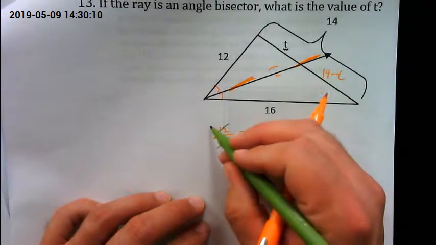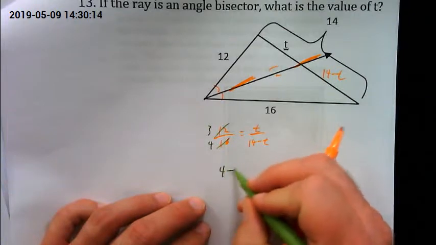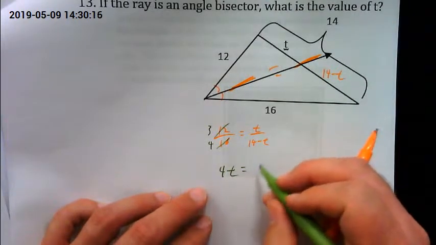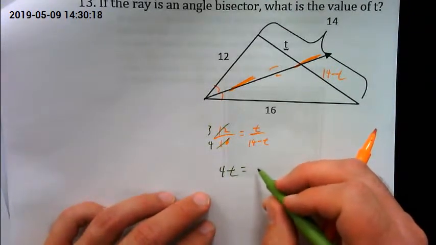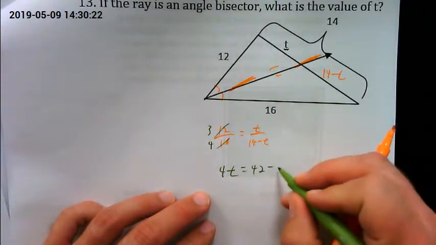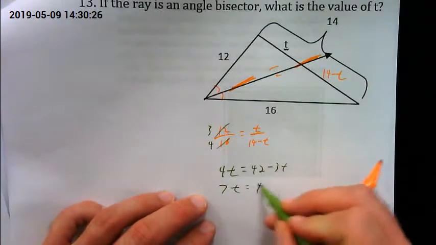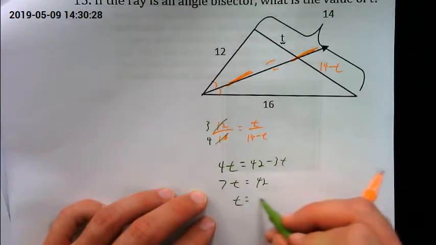So you can reduce this, cross multiply and solve. Where t equals 42 minus 3t. You get 7t equals 42. Divided by 7, and t is 6.